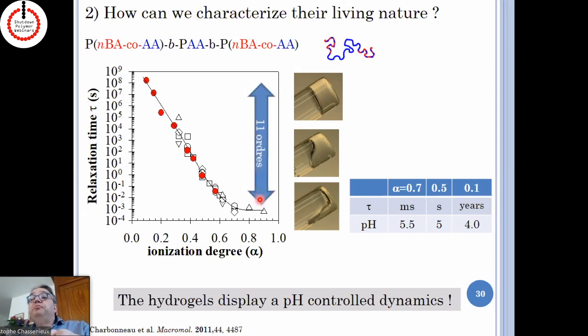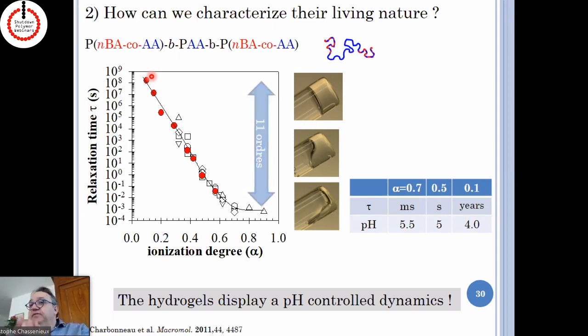From the point of view of pH, you have this transition from a solid hydrogel towards a liquid within a very, very tiny window of pH. But here, if I go to very low ionization degree, which means a pH of roughly 4.5, I have one exchange of one block every 3 years.